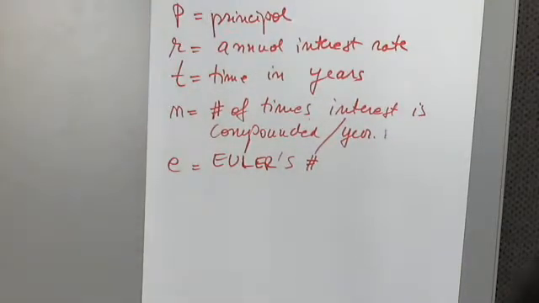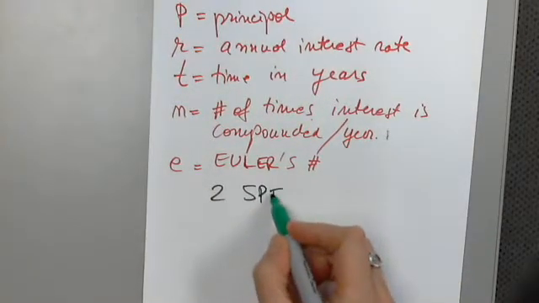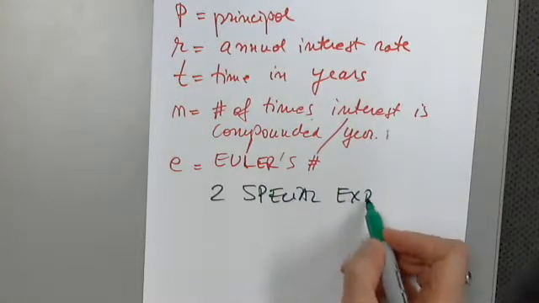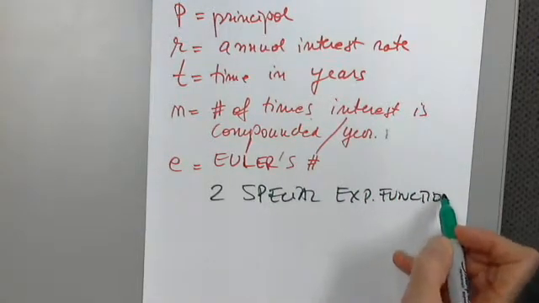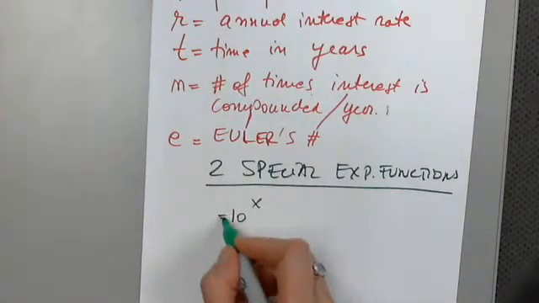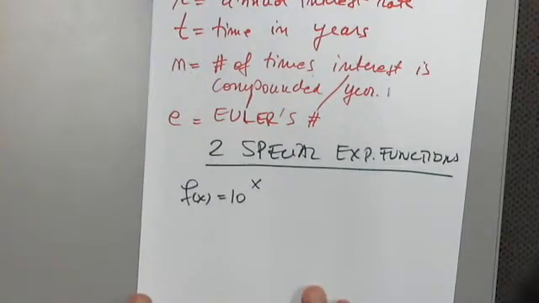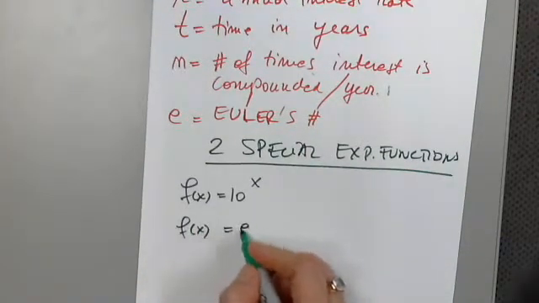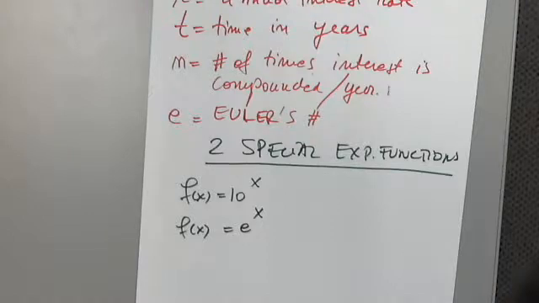Okay. So there are two special exponential functions. One with the base 10, and the other one, of course, with base E. They are so important and so special that they have their own key in the graphing calculator. Look at this right here. Second E. And you can raise it to any power you want.